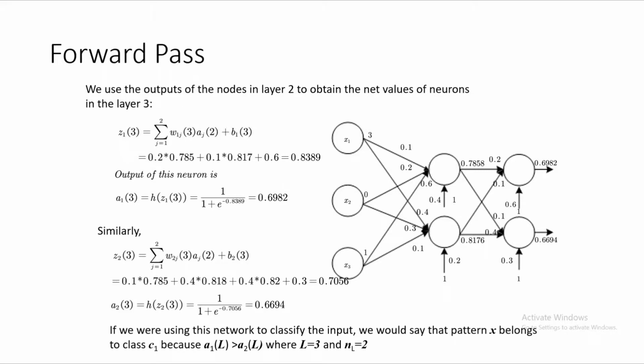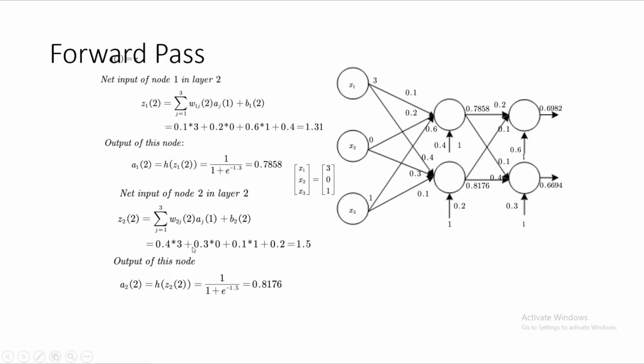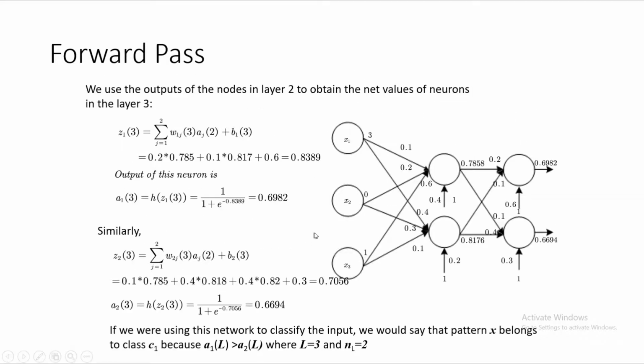First we estimate the net input, and similarly we estimate the node output of the neuron on the first node, and the output value of the second node, or second neuron.